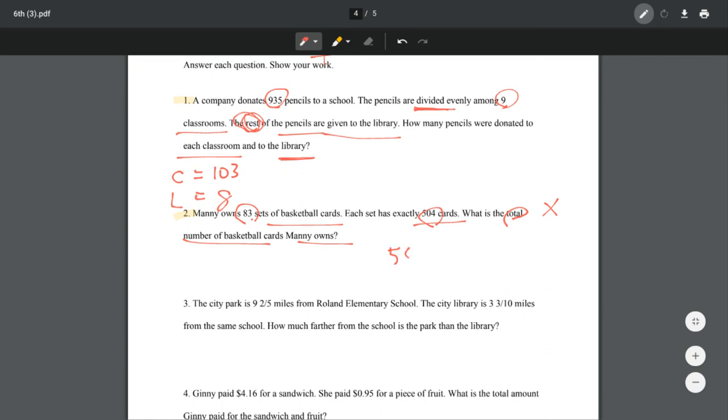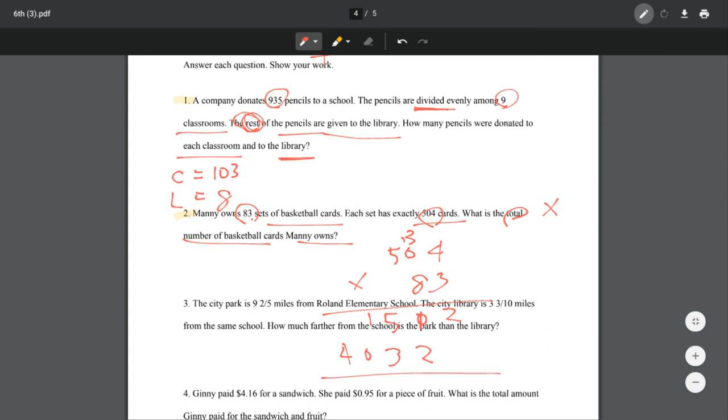So let's do the math. 504 times 83. That's 12. That's 0. Oh, sorry, that's 0 plus 1. That's 1. That's 15. That's 32. 3. 40.